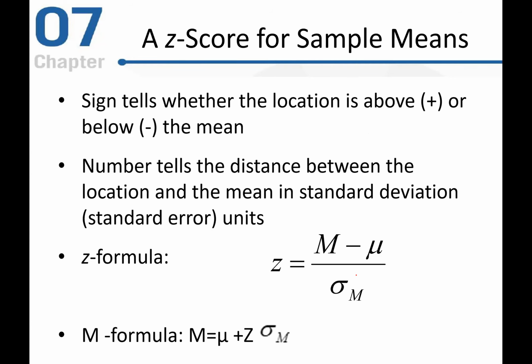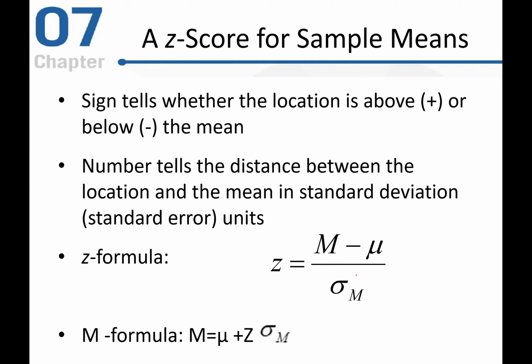All right, so what are the equations for that? Well, a z-score for sample means: the sign is going to tell us whether the location is above or below the mean, right? So positive is above the population mean, negative is below the population mean.